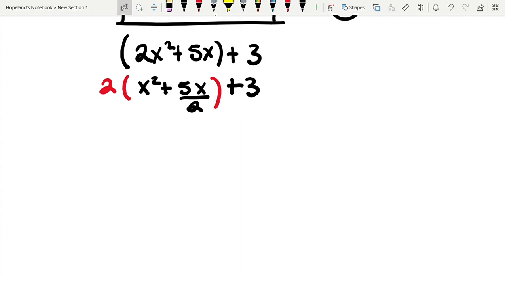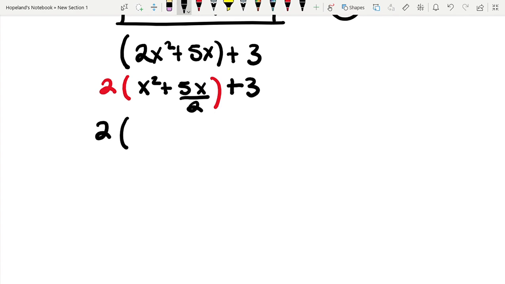All right, good. So from here, you want to halve the coefficient of the x term, which is 5 over 2. After halving that, you want to square it and then add it to the parentheses, just like in the last video.